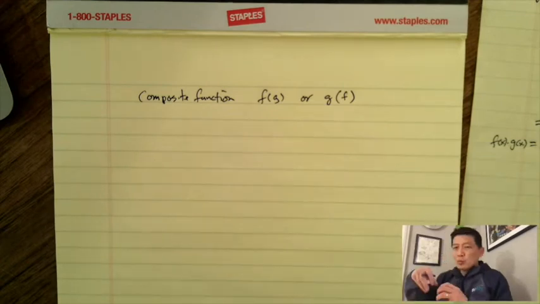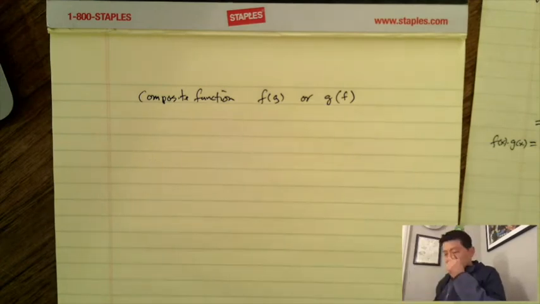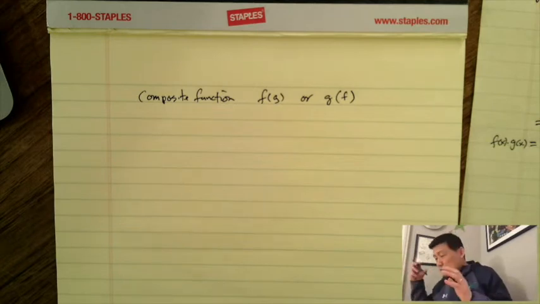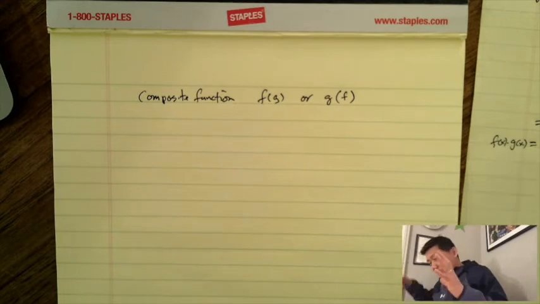The dominant function that goes on the outside, you follow the rule of that function, but you take the previous function and apply it into it.